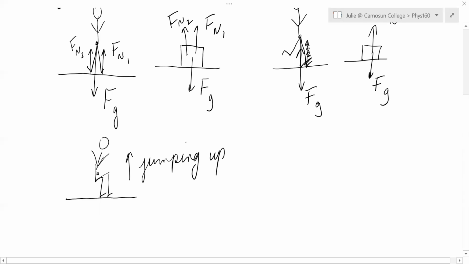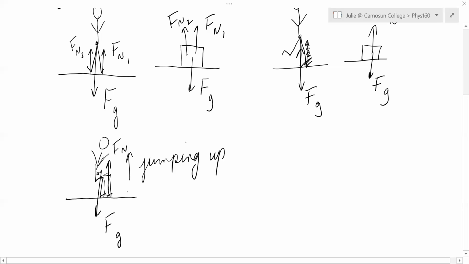You still have a force of gravity here, and you still have a normal force to your feet. And we can actually reduce both feet to 1 blob here. So you would have the normal force from the feet. And in this case, actually, that normal force would be bigger than the force of gravity. And that's the imbalance that would cause you to jump up. So you do not always assume that the normal force equals the force of gravity. It all depends what the body is doing.